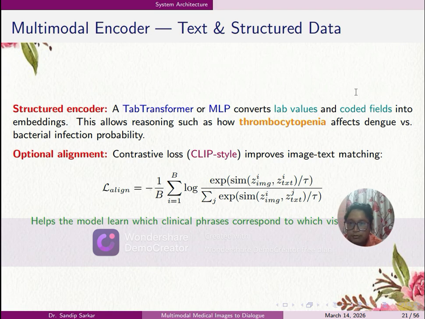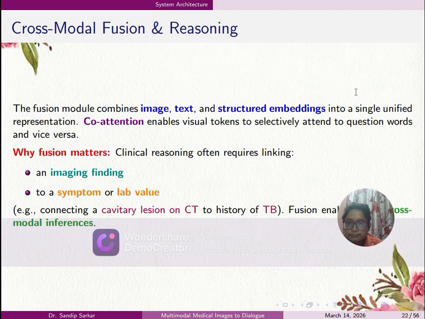Our second one is the multimodal encoder for text and structured data. This system integrates textual data, structured clinical data, and medical images into a unified multimodal representation for clinical reasoning. The last one is cross-modal fusion and clinical reasoning.